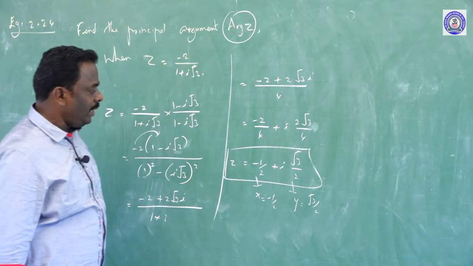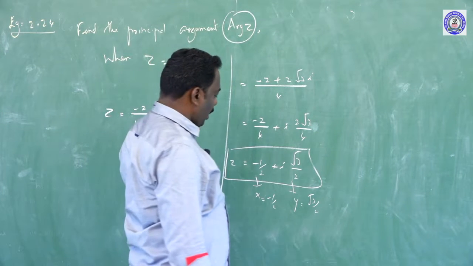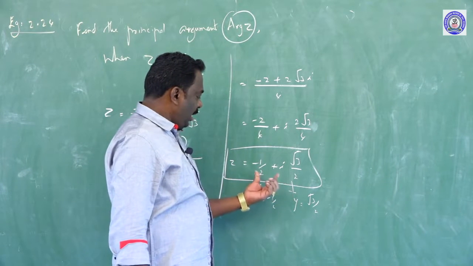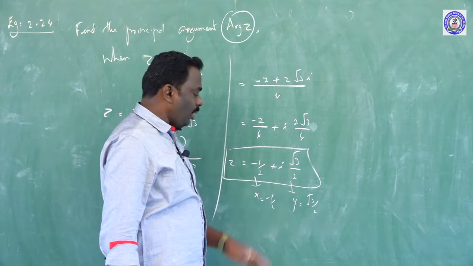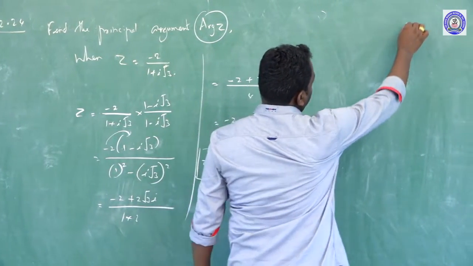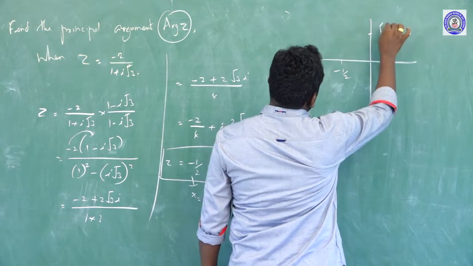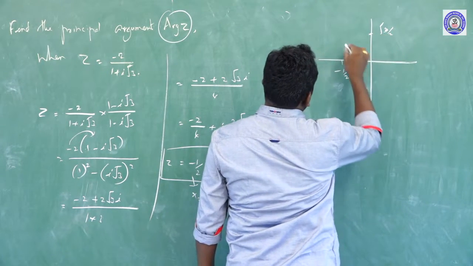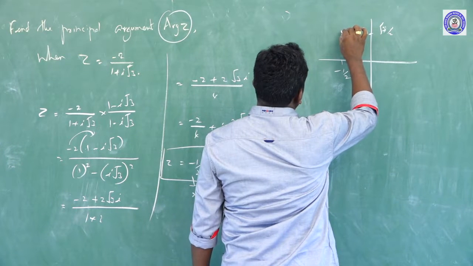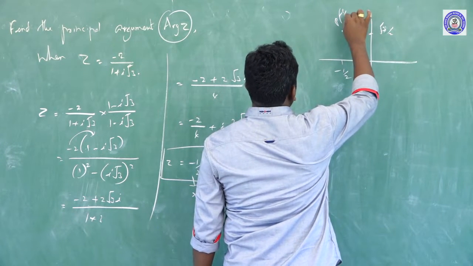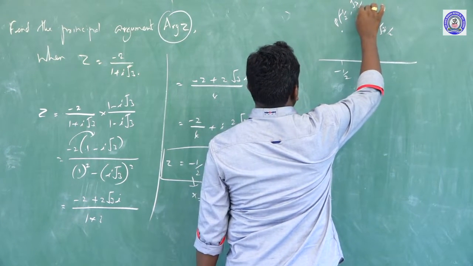So now, for the condition, the x value is minus and the y value is plus. Approximately minus 1 by 2 and root 3 by 2, and this is a point P, minus 1 by 2 comma plus root 3 by 2.